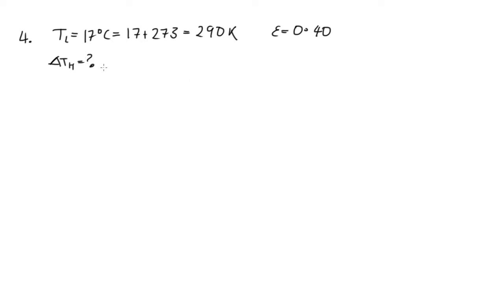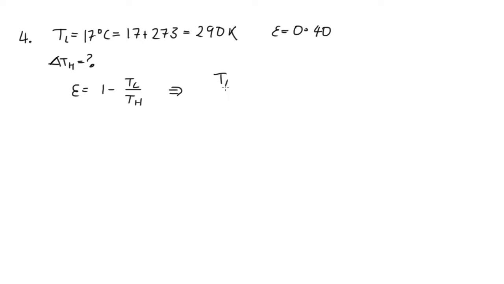One way we can approach this is to calculate the initial temperature of the high temperature reservoir, then the final temperature of the high temperature reservoir, and from that we can get the difference. So let's do it that way. We know that the efficiency is equal to 1 minus the temperature of the low temperature over the temperature of the high temperature. Let's rearrange this to get it as a function of TH, because that's what we're trying to calculate.